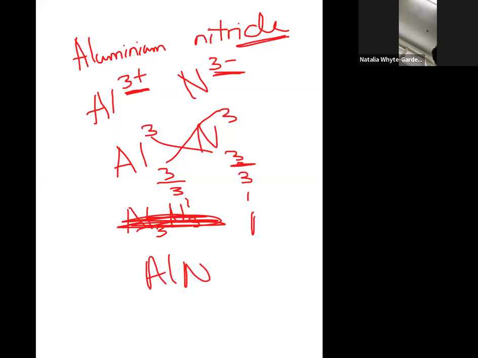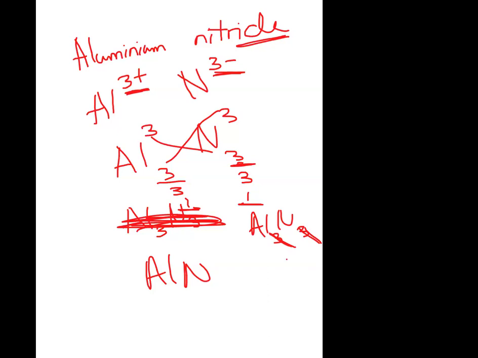Or you can say Al3N3, both have the same valency, so they cancel out, so it's AlN. Clear? You can divide like I did, or you can cancel them out, however you want to remember that one. Yes, miss. All right, we'll do another one.